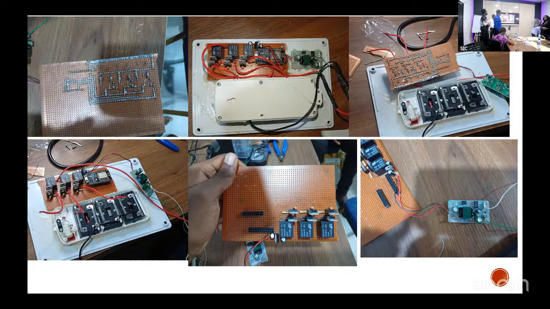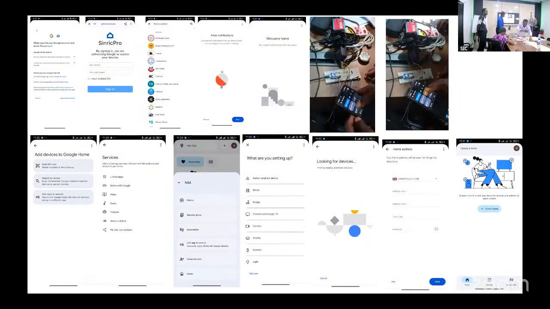These pictures showcase how we built this project, from how we soldered to how we assembled our projects. This slide also shows how we set up our Speedlink Pro application to work with our ESP8266, which is responsible for switching.